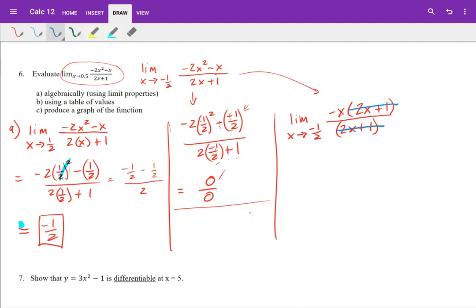Boom, boom. Leaving us the limit as x approaches -1/2 of just a simple negative x, actually. And so just a negative x is all that's left over. Just this guy. All right. And so we're basically now plugging in the limit here.